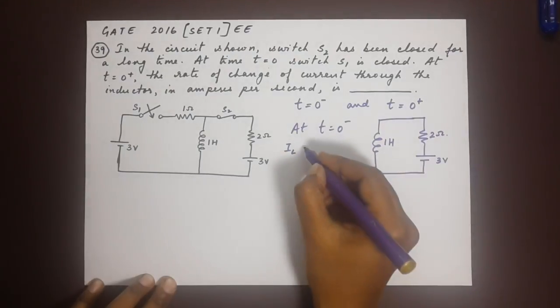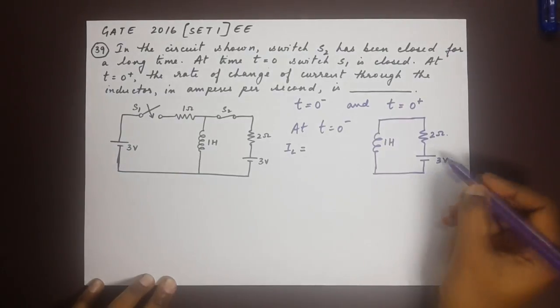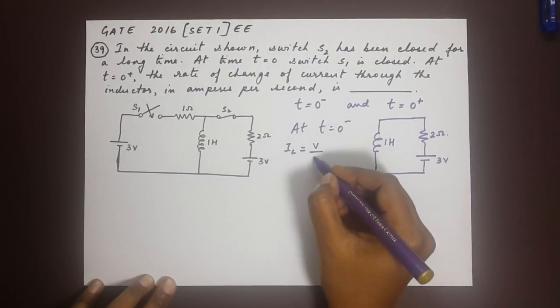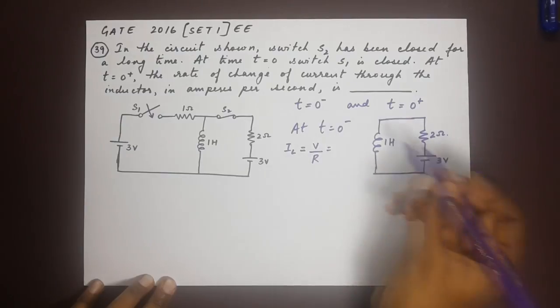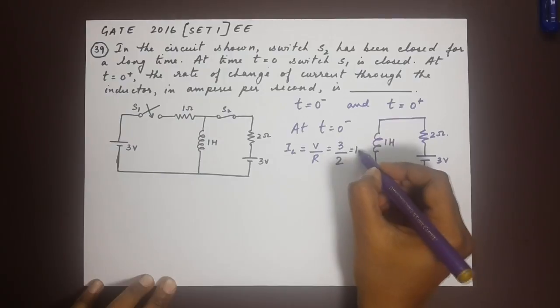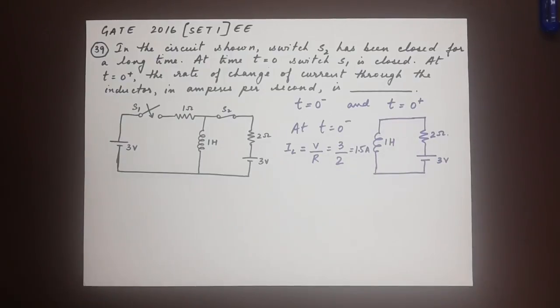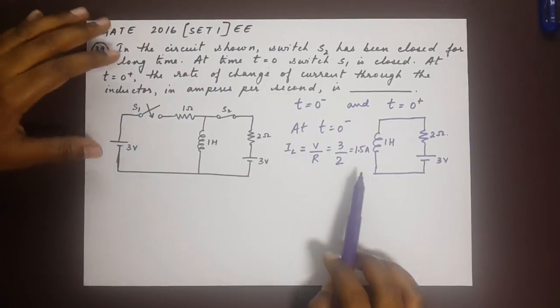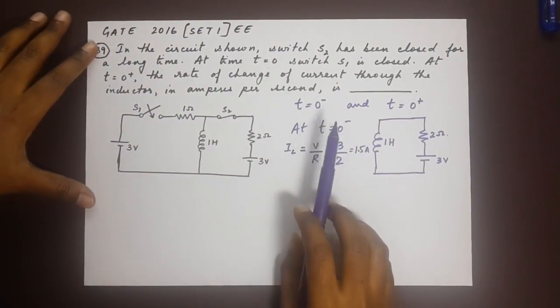We know the basic formula by Ohm's law, V by R. So that's 3 divided by 2, which equates to 1.5 amps. So this is the inductor current at the instant t is equal to 0 minus.